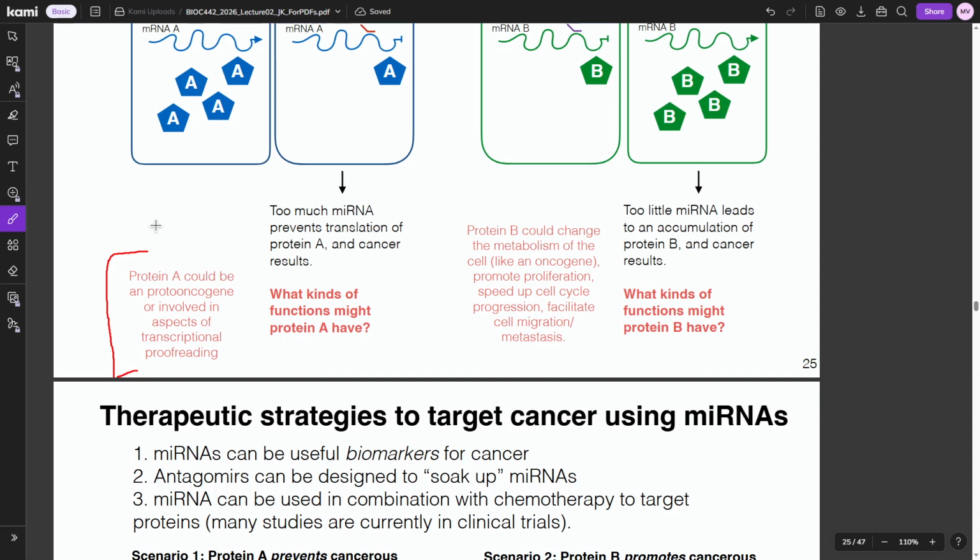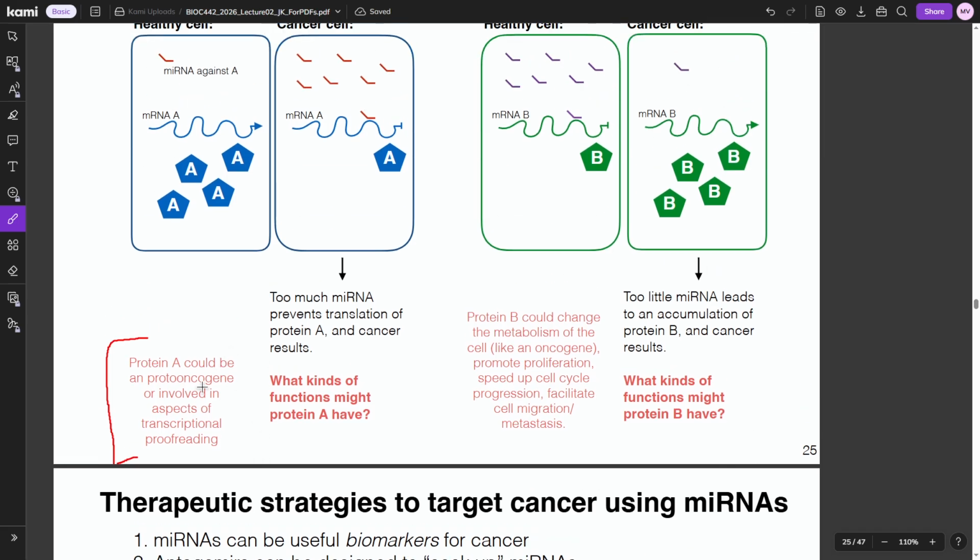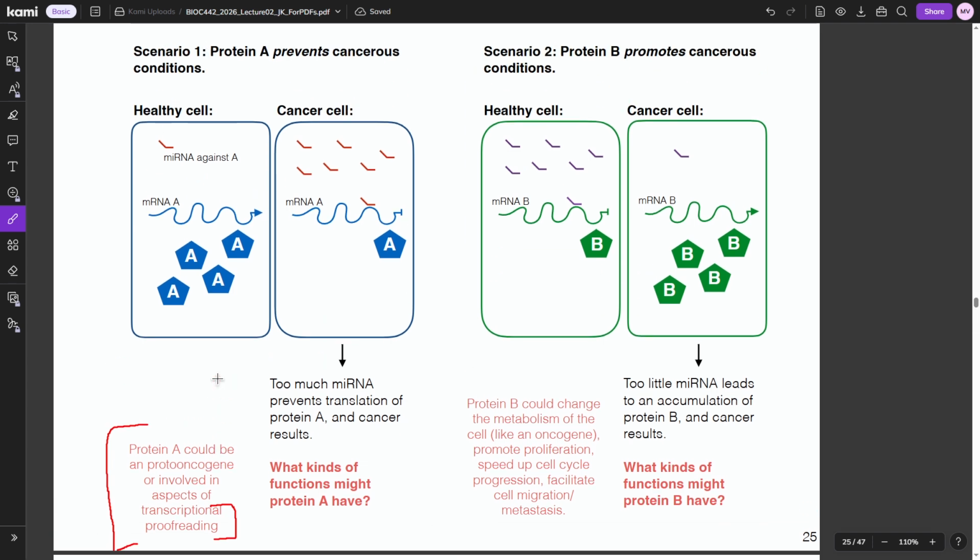Protein A could be a proto-oncogene or involved in transcriptional proofreading. This is true, it could be a transcriptional proofreading thing. Proto-oncogene, I don't know about that. That doesn't seem right to me. I would double check that.